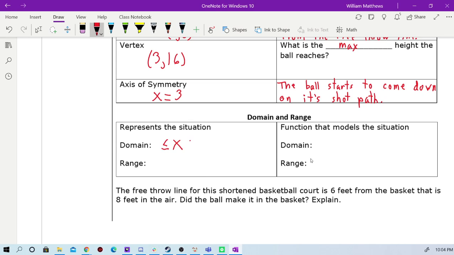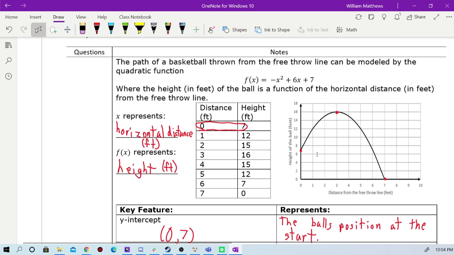It is bound on both sides. We have a minimum value of 0 where it is on the free throw line, the start of this story. And then it lands 7 feet away. Now, because our range is a little bit different, it does not mean we change anything. This is not our lowest point as it's only 7.